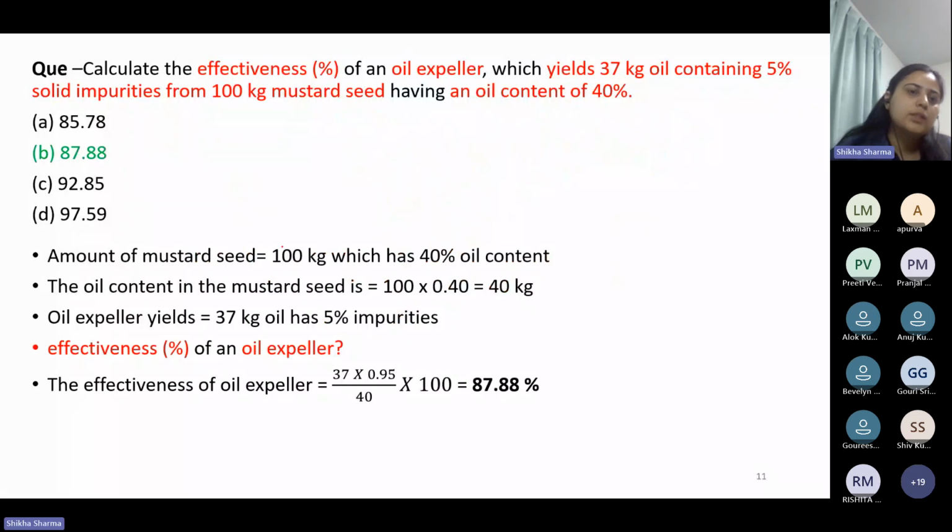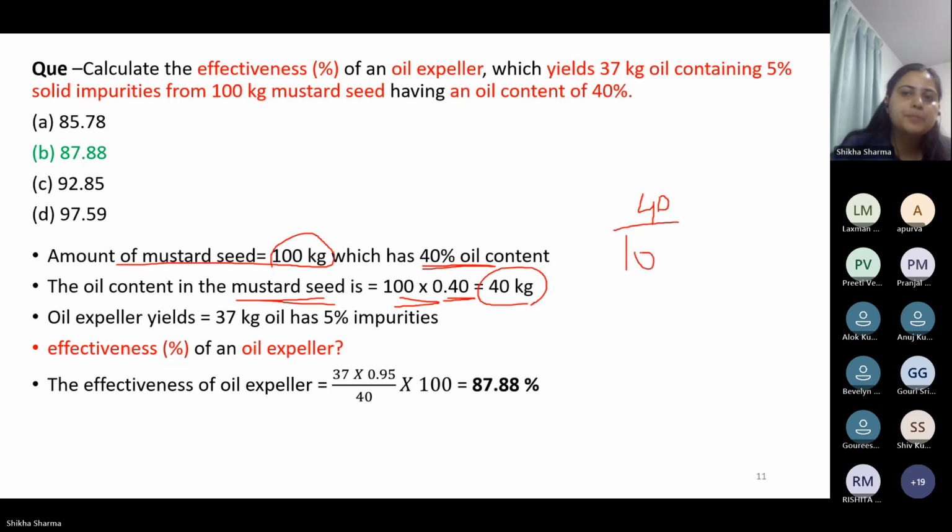So let's discuss the solution part. The amount of mustard seed we have is 100 kg, and 40% of this is oil content. So the oil content in the mustard seed will be 40% of 100, which is 40 kg. 40% means 40 divided by 100, so it is 0.4.